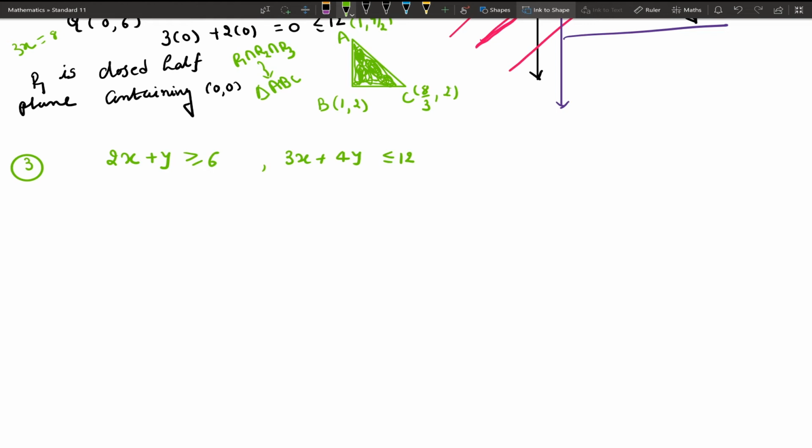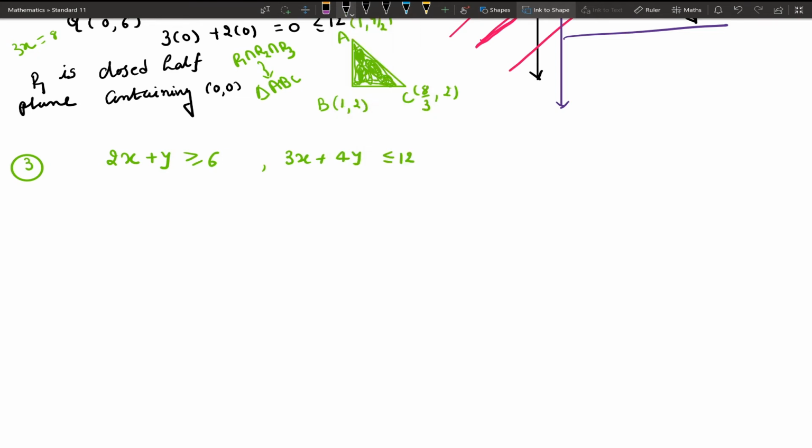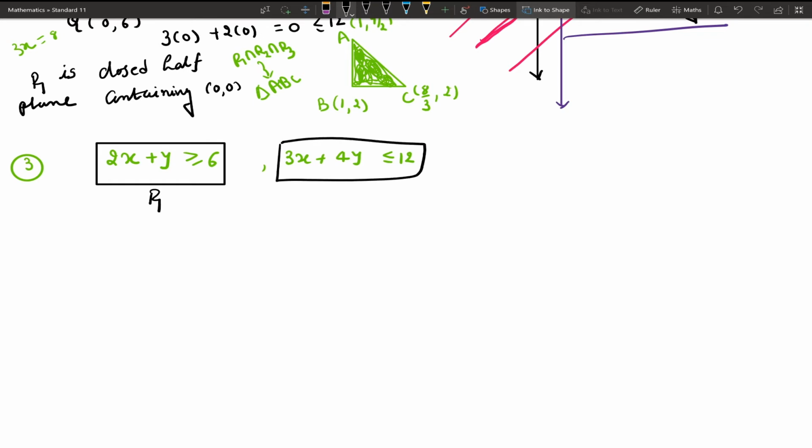Again we know the method: by the first inequality we find region R1, by the second inequality we get R2, and the solution region R will be R1 intersection R2. That will be the solution.